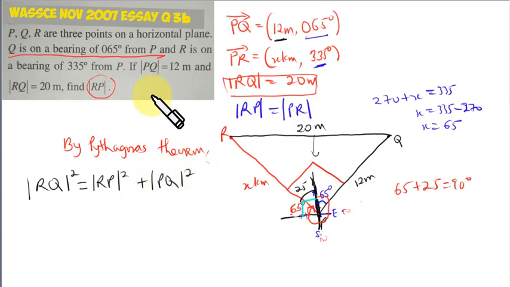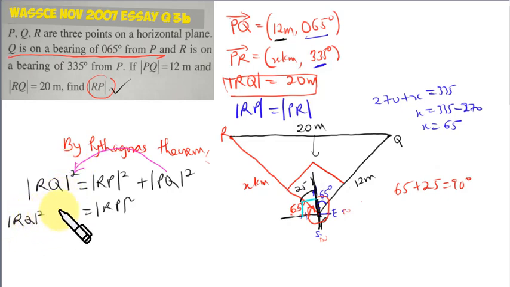So I'm finding RP from the question. I'm finding RP, so that is to say I'll make RP the subject. So let me leave RP here and subtract PQ squared from both sides of the equal sign. In other words, I want to move the PQ squared to the other side of the equal sign. So I'm going to have RQ squared already here, and there will be a change of sign for PQ squared, so it's going to be negative PQ squared.